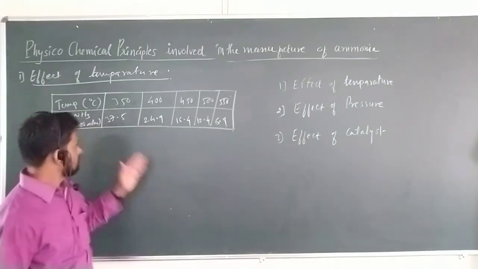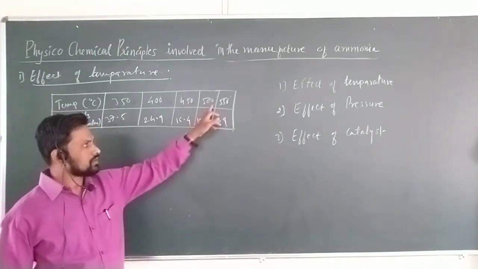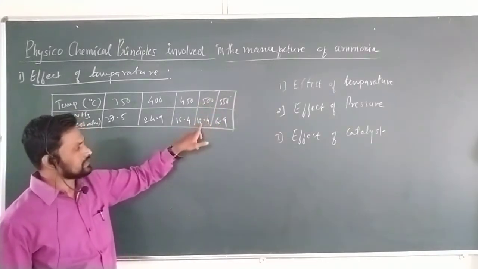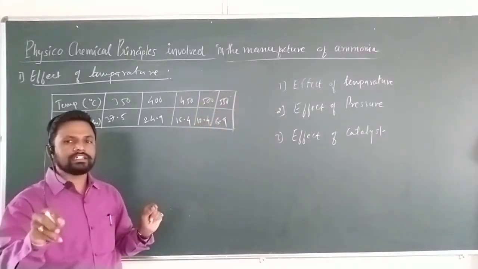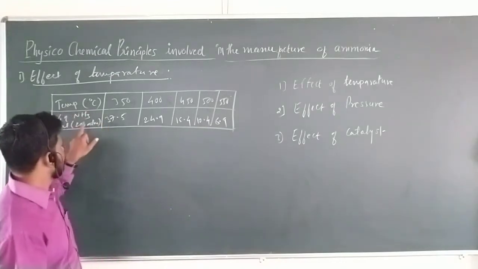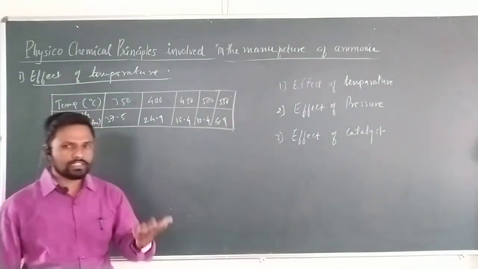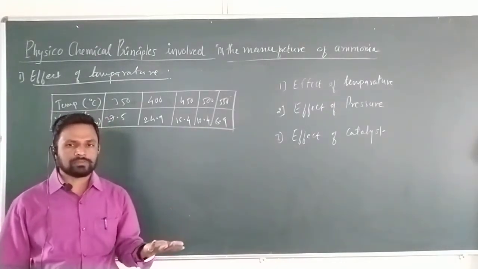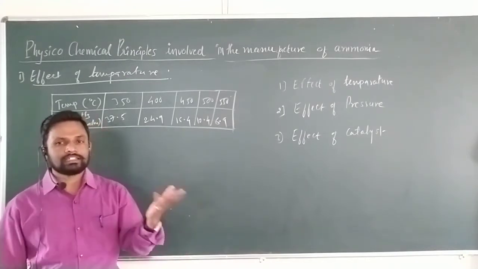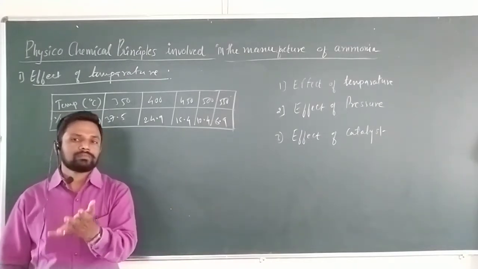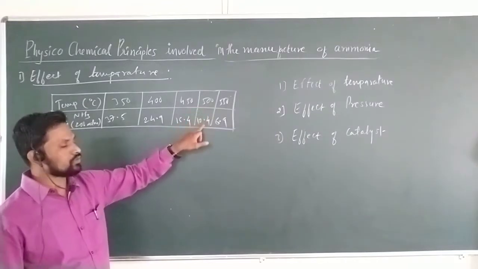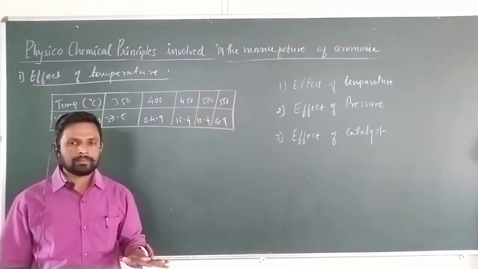For that purpose, the temperature is raised up to 500 degrees Celsius, where we get 10.4, or 10 to 20% yield. Here the pressure is sometimes 200 atmospheres, 250 atmospheres, varied from 200 to 300 atmospheres, where we can see 10 to 20% formation of ammonia.